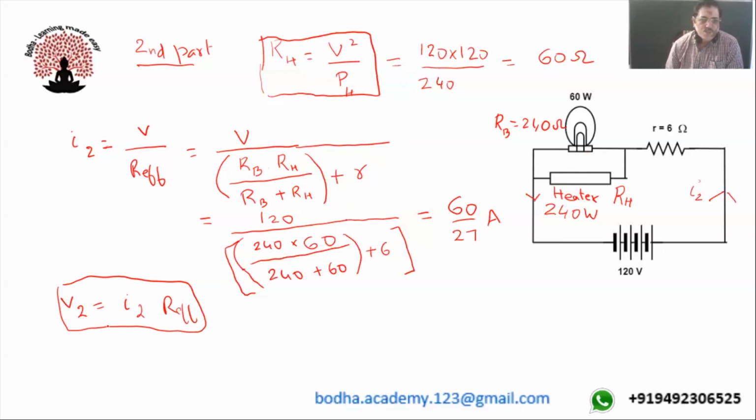So the voltage across the bulb is equal to I2 into R effective 2. This bulb and heater are in parallel combination, so the effective resistance is RB into RH divided by RB plus RH.